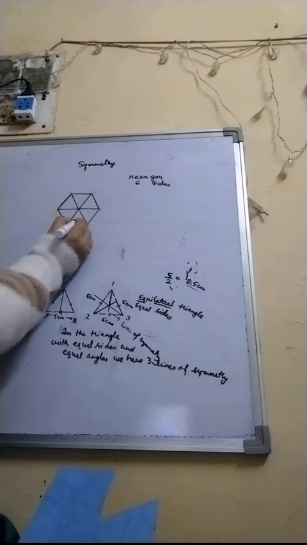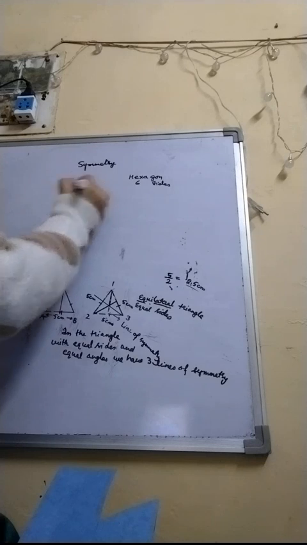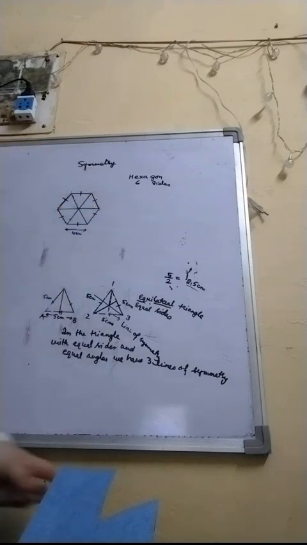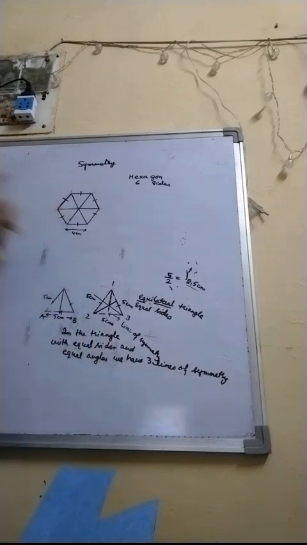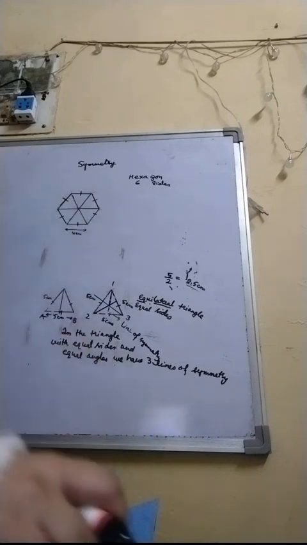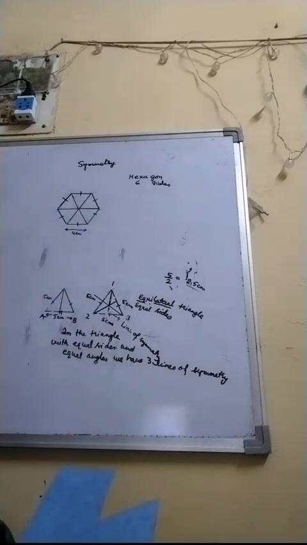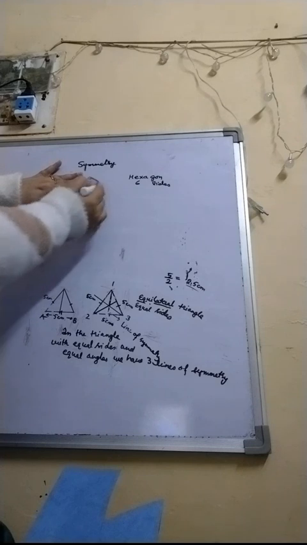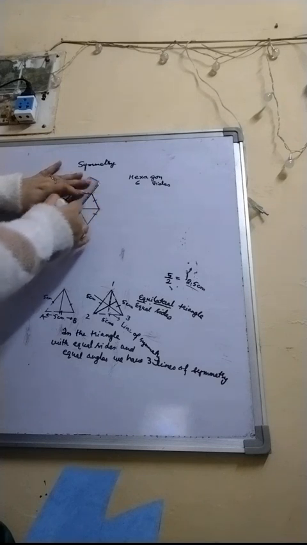So these are the sides: 3, 4, 5, 6. The marking is done like this for equal. You have already learned this. Now what are the lines of symmetry here? You can see here that I can fold the hexagon along the corners. When you join the corners, you get the lines of symmetry.